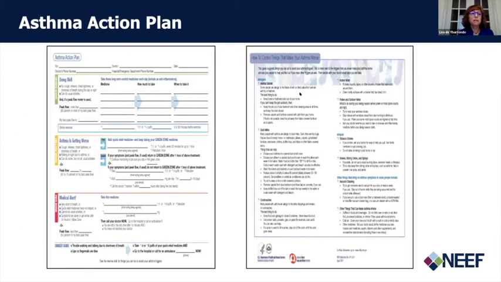This is an example of an asthma action plan, actually from the NAEPP guidelines. The nice thing about this asthma action plan is that on the flip side, you can see environmental trigger control pointers.